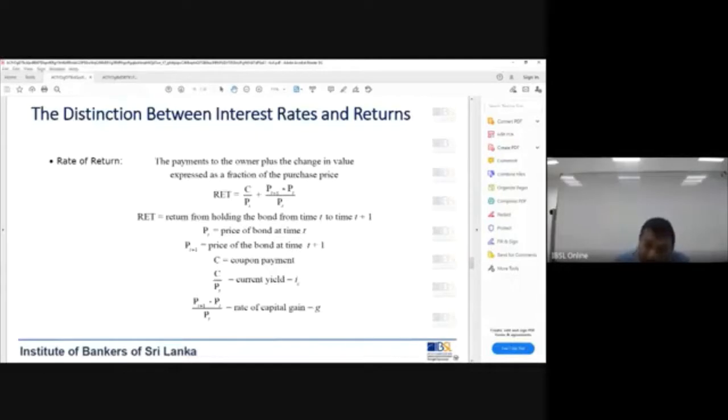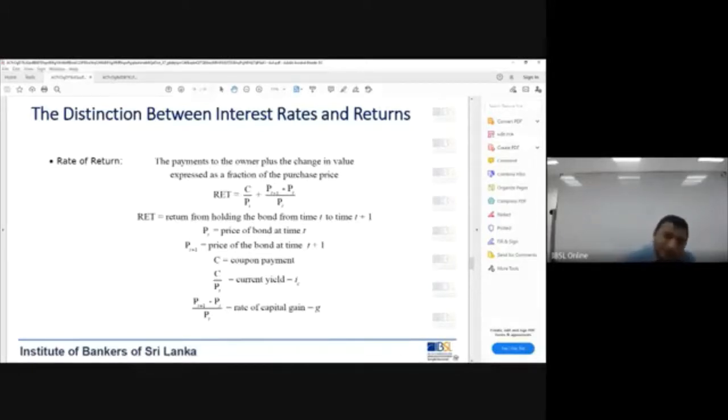And markets are very keen to see the component of this G over and above C over P, that is the current yield. Current yield is changing because prices change with the interest rate changes. You know, when the interest rates are low, prices tend to be high. When the interest rates are high, prices tend to be low. But the coupon is usually fixed. If they say it's 10%, that 10% remains until that bond gets matured.